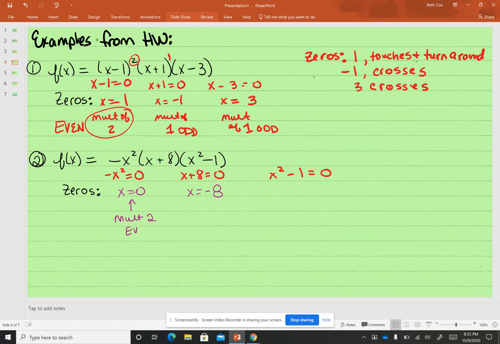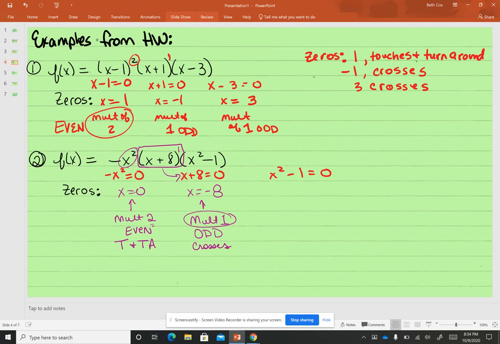That's even. This is going to touch and turn around. This one is multiplicity 1. There's one factor, therefore we have a multiplicity of 1. There's 2 of these, therefore we have a multiplicity of 2. This crosses. Now this one.